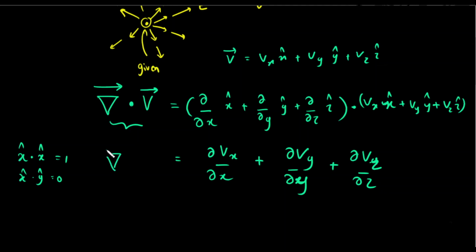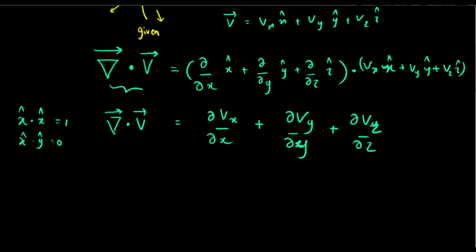So this is the divergence of V. This is a measurement of how a vector field is spread out from a given point. For example, if we have a vector field like this, that means that the divergence is equal to 0.